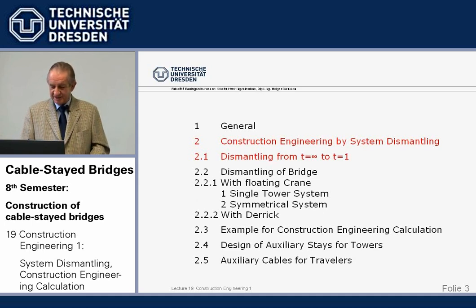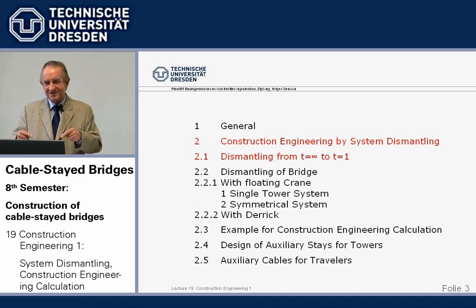That's the first part. And then we come to a little unfortunate thing. If we have auxiliary systems, especially auxiliary stays for the tower, auxiliary piers, then our backwards method doesn't work immediately, because offhand, in the final stage, the auxiliary staying is not there.